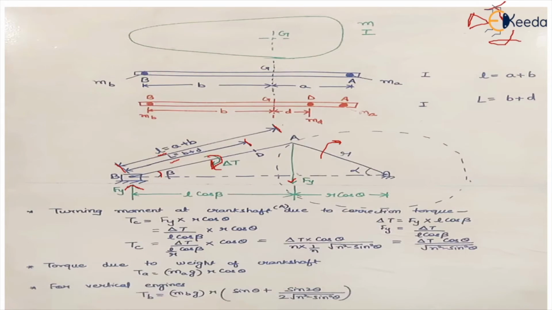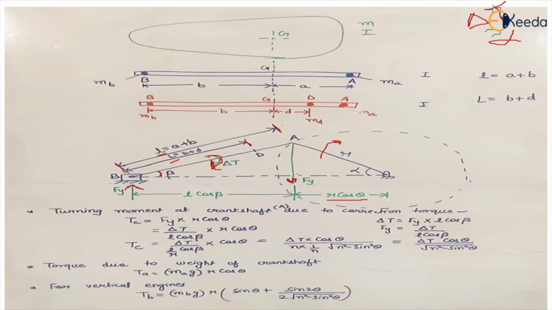To find the turning moment at the crankshaft due to this correction torque, this turning moment Tc will become Fy, because these equal and opposite forces Fy are producing this correction couple. So it will be Fy into the perpendicular distance, which is r cos theta.